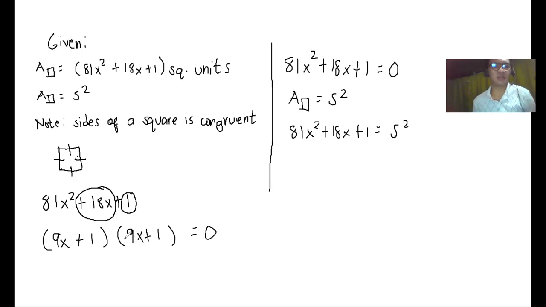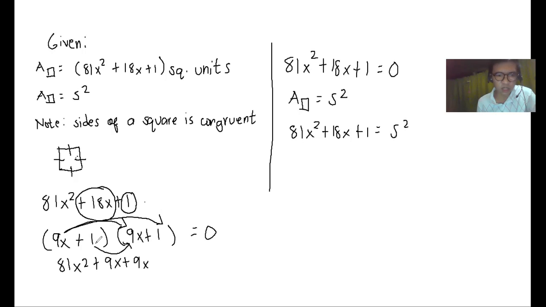So let's try to confirm if it is correct. 9x times 9x using the FOIL method: 9x times 9x is 81x squared. 9x times 1 is positive 9x. 1 times 9x is positive 9x. And 1 times 1 is positive 1. Combining similar terms, 81x squared plus 9x plus 9x is 18x, plus 1.